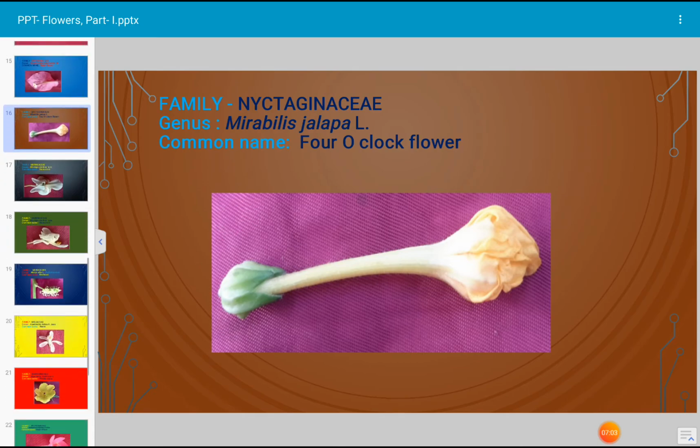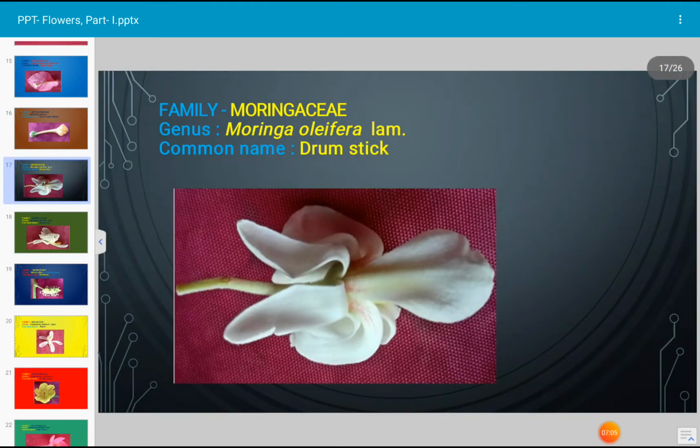Okay, next, this is a very beautiful flower, the back side of the flower of Moringa oleifera, and its common name is drumstick. It is very common in the Marathwada region and its family is Moringaceae.